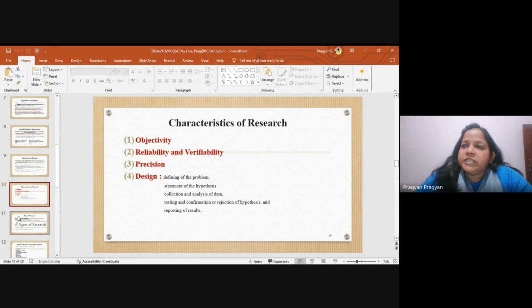Rather, it will be more helpful, more productive, if you try to understand the statement in a precise way. For instance, what is the impact of a particular program on the poverty alleviation of women, or poverty alleviation of the disabled population?